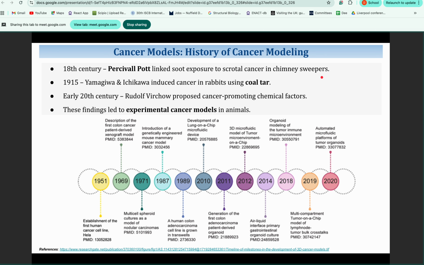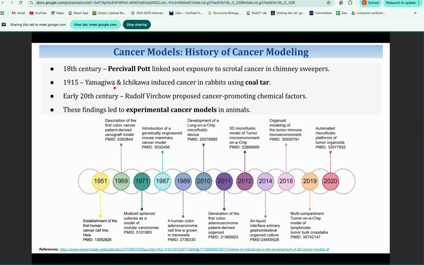He observed that the chimney soot, the small leftover particles in the smoke passing through the chimney, was the cause: the chimney sweepers who were cleaning the chimneys were showing scrotal cancer cases. So he observed that this soot exposure is responsible for this scrotal cancer.